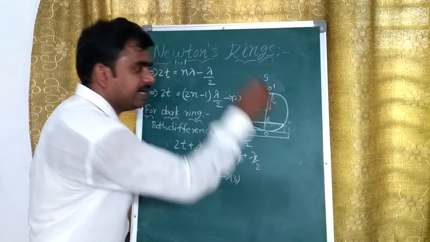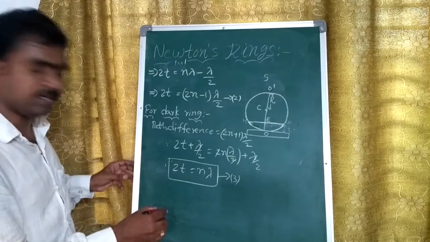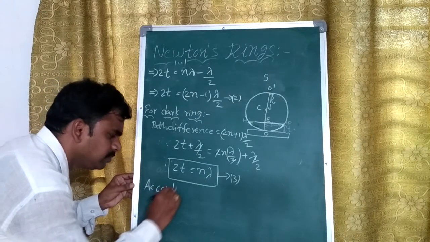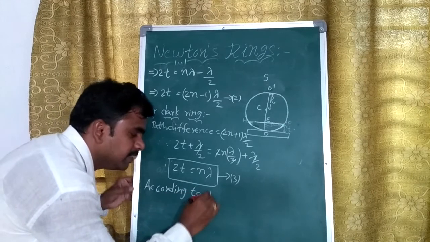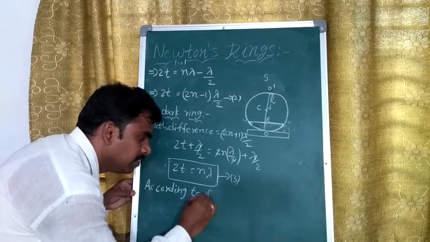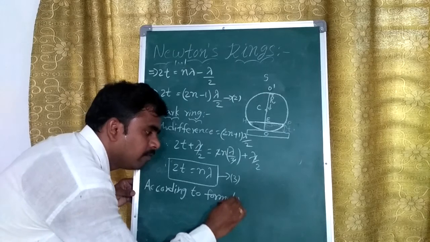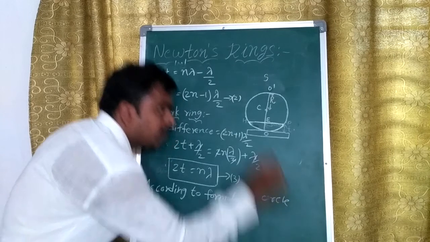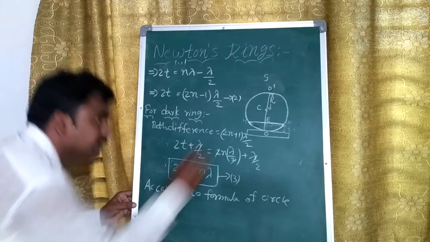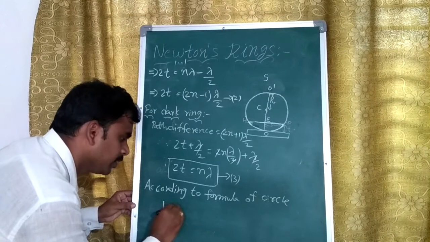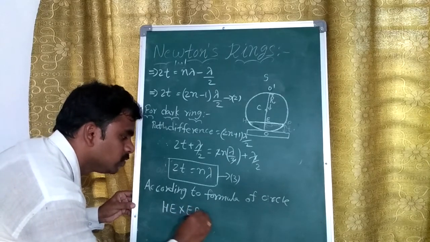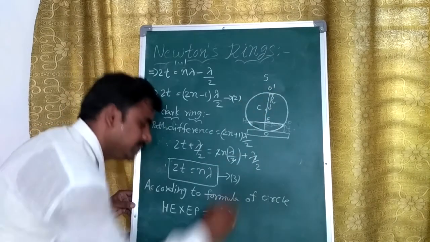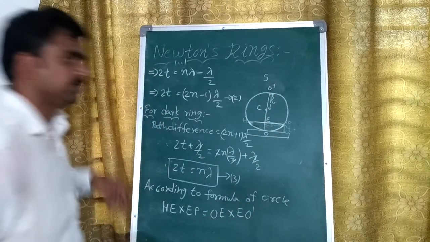When two chords intersect, according to the formula of the circle, we can write HE into EP equals OE into EO dash.